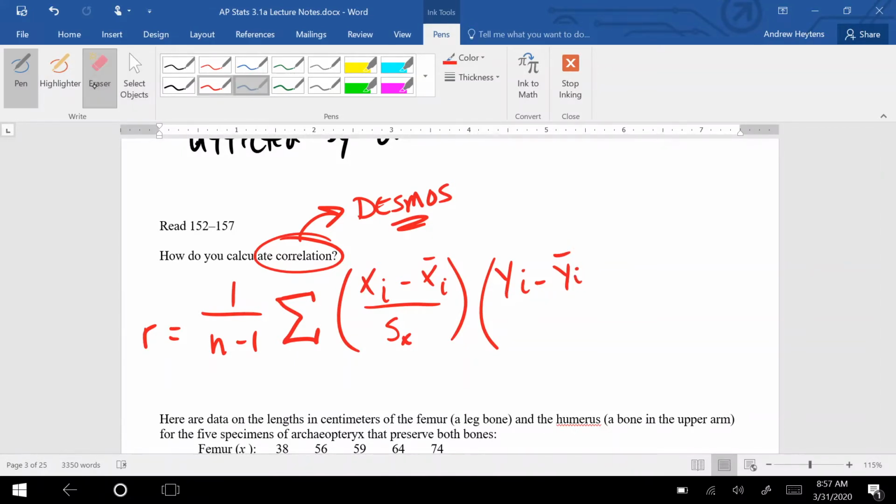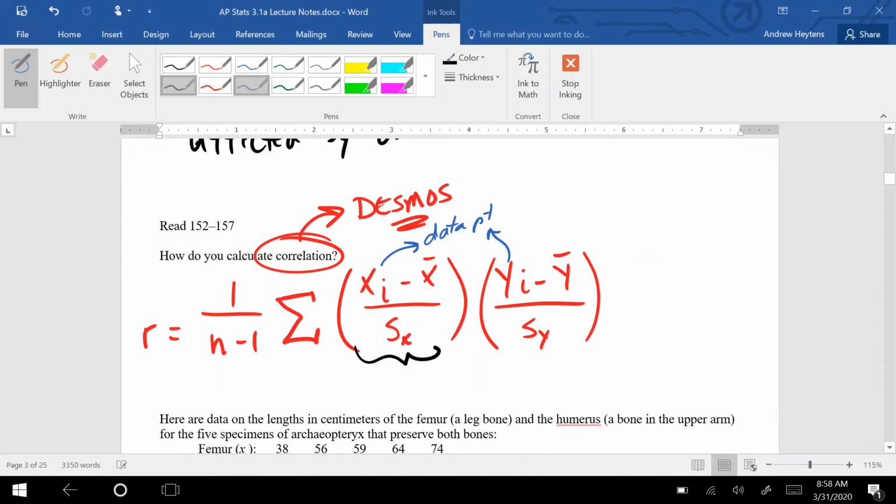Okay, and this may look complicated, but if I tell you that xi is a data point and yi is a data point, these two things should actually look familiar.